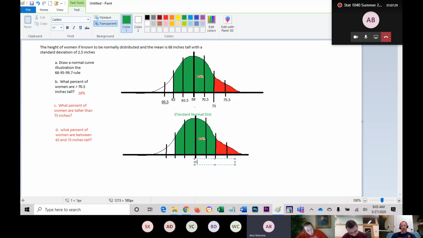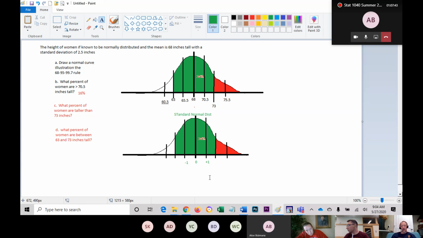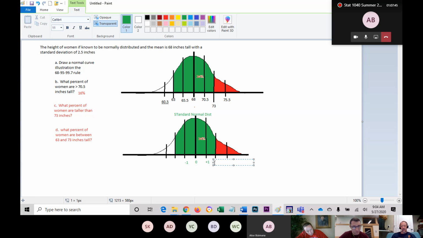And what is your standard deviation? -1, and this on the right would be +1, right? Yes. And then this value here is +2 and -2.